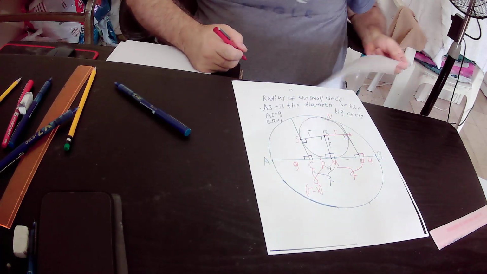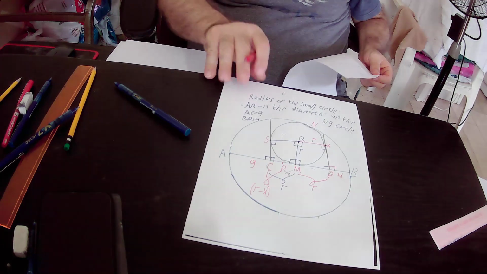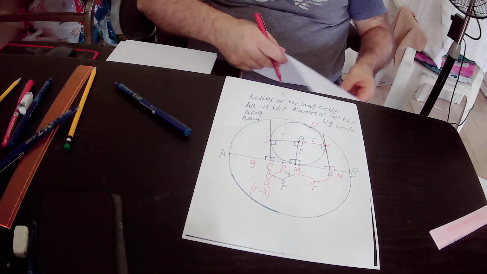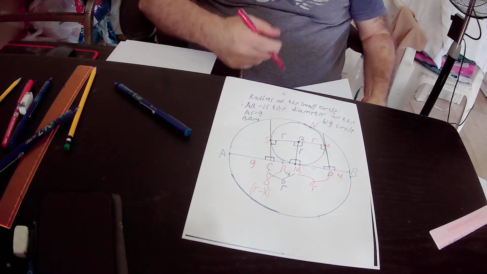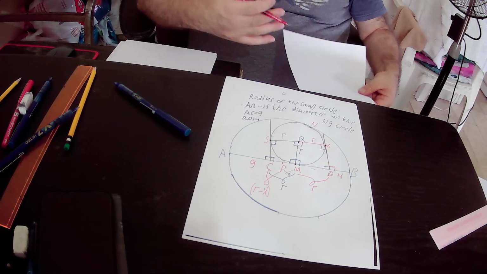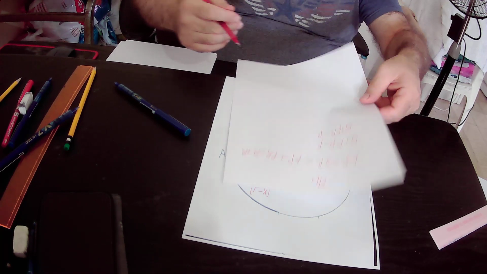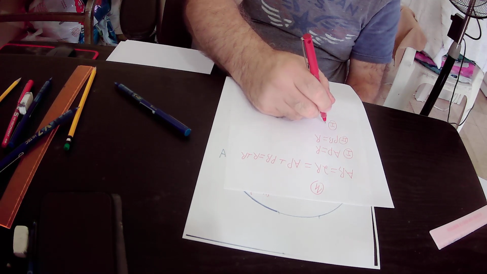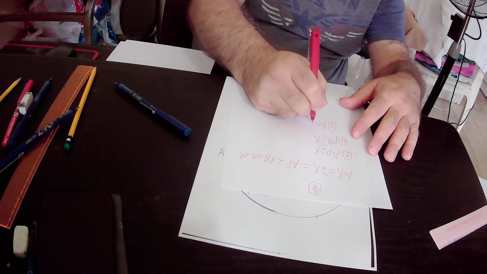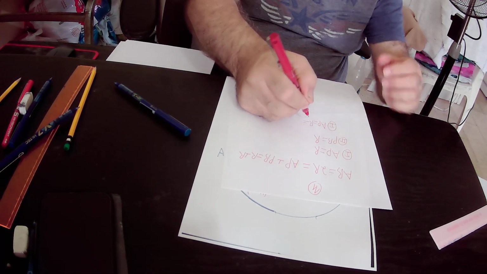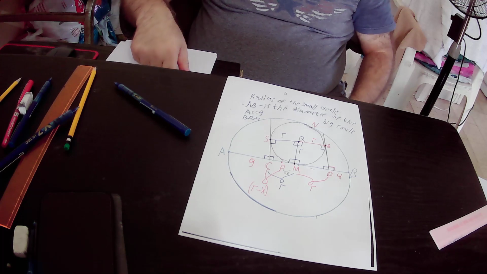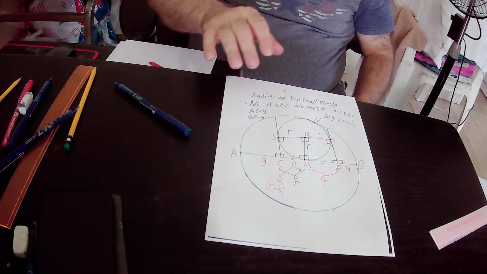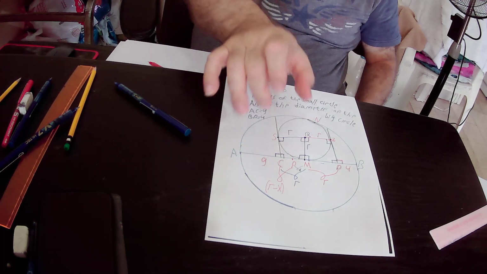Okay, then we will return to equation number 1, that AP equals R, and we will calculate the value of capital R, the radius of the big circle. So according to equation number 1, AP equals capital R, but what is the value of AP?